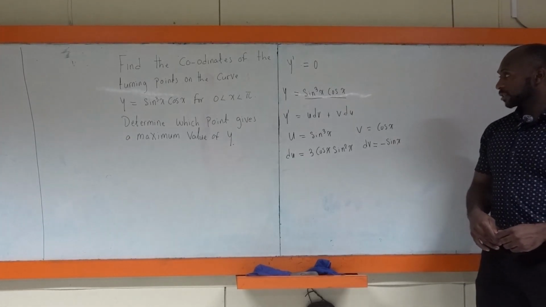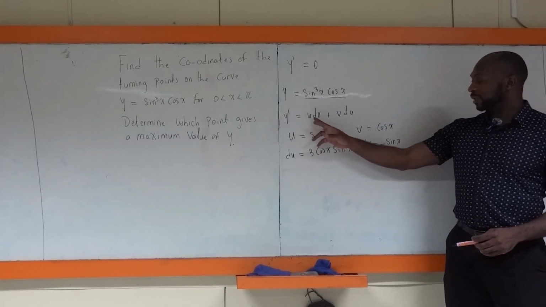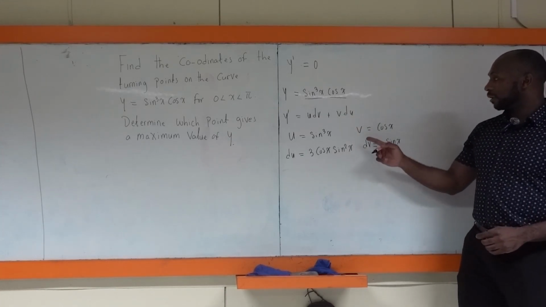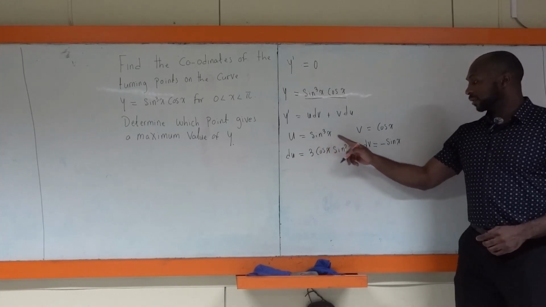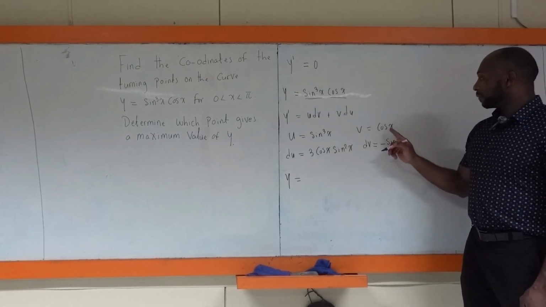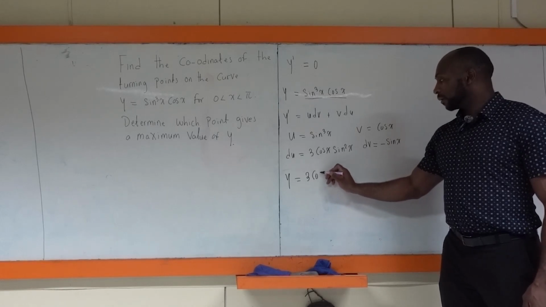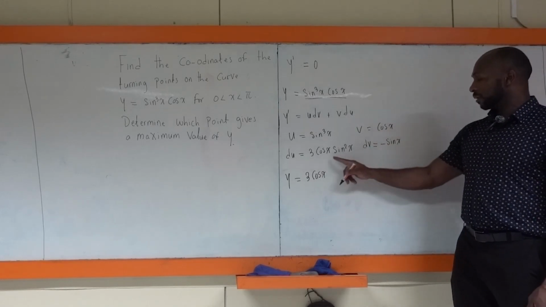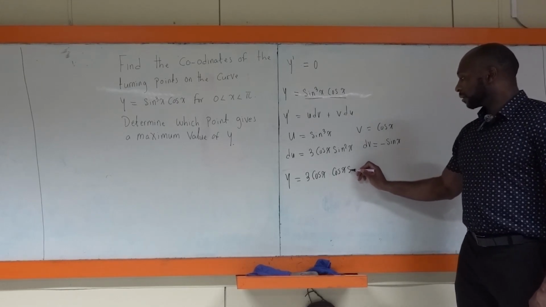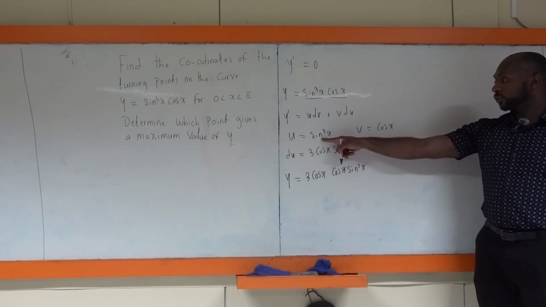So now we can differentiate this function using the product rule, that is y prime is u dv plus v du. So we could go v du plus u dv. So y prime should be, so v du, that is going to be 3 cos x, that is v, multiplied by du, which is cos x, sine squared of x, and then plus u dv.